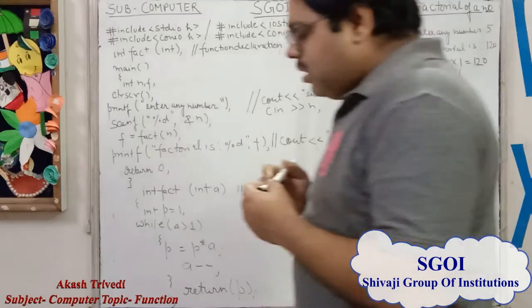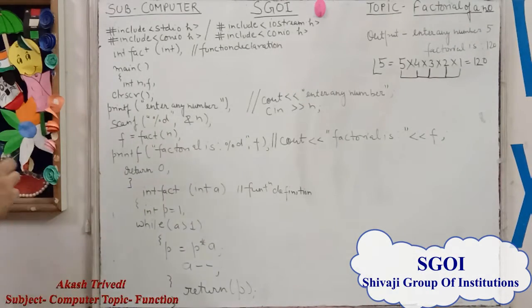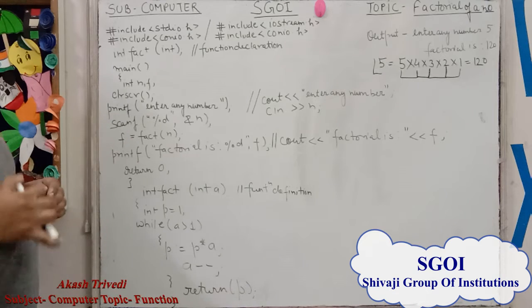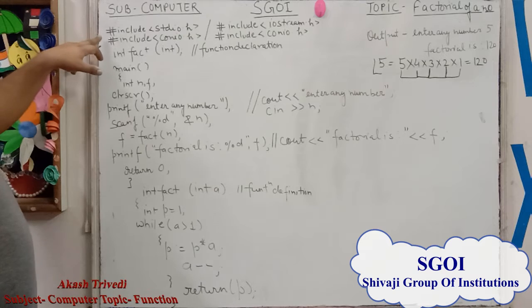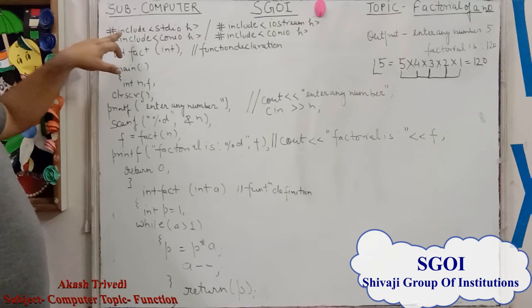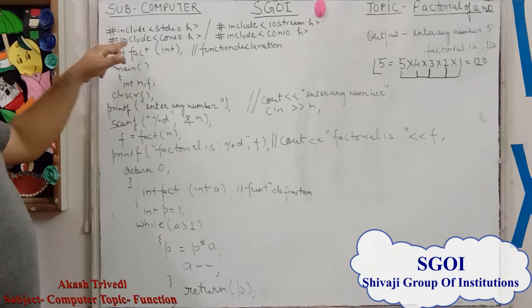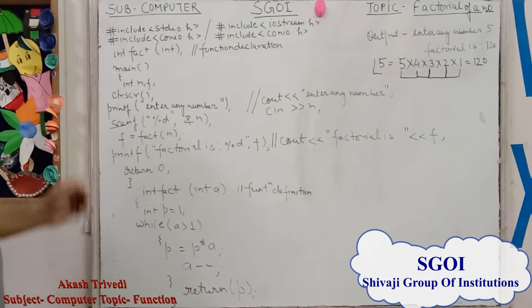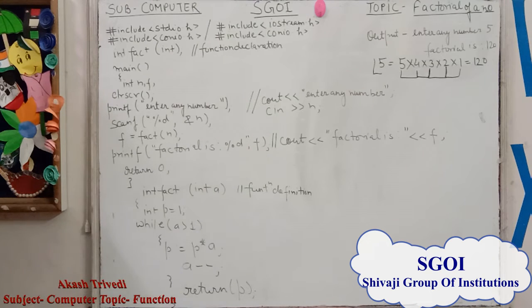So for finding the factorial, we have to make a program in C and C++ programming. How can this program run? Let us see. Firstly, we write our header files, that is #include <stdio.h> and #include <conio.h>. These two header files are used in C programming.